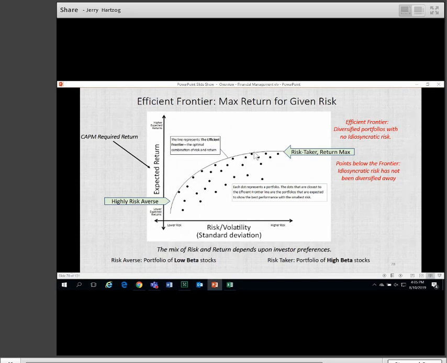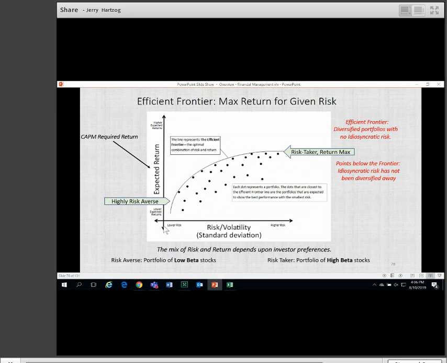And so therefore, it's an optimal combination of risk and return. Any dot below that is an inferior portfolio. It has not been diversified enough to get rid of idiosyncratic risk, and therefore its ratio of return to risk is suboptimal. They've got a bunch of risk in their portfolio that they're not getting compensated for.